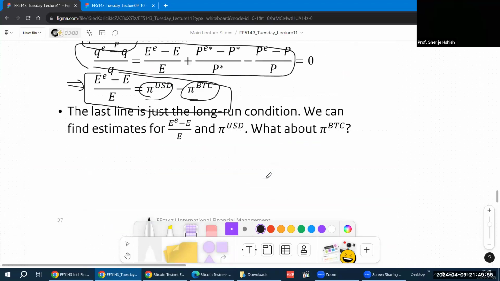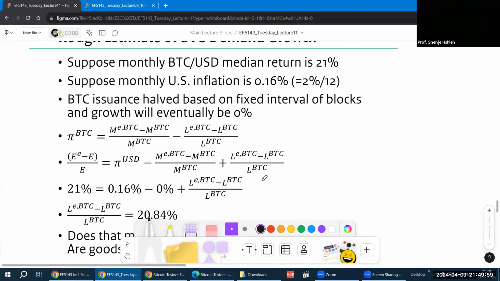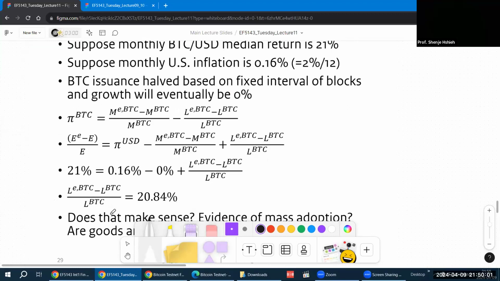Let me give you some numbers here. We have liquidity demand for Bitcoin derived as 20%, and that's because we defined inflation of Bitcoin to be 0%, and we defined US dollar inflation as 0.16%. Of course, this is before the pandemic, right?